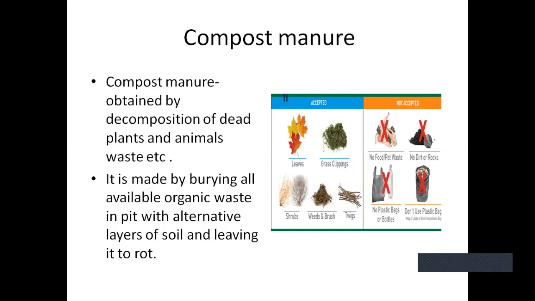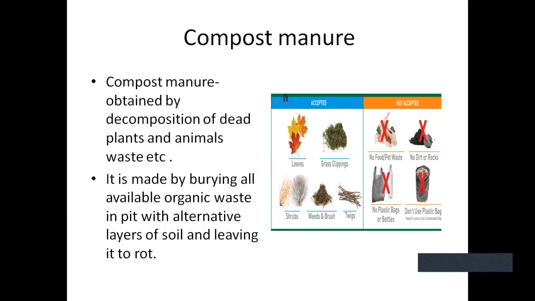Whatever you can put into this compost bin or compost pit can be leaves, grass, shrubs, weeds, bushes, as well as plant twigs. But children, you all know that materials like plastic, plastic bags, and plastic bottles are non-biodegradable.